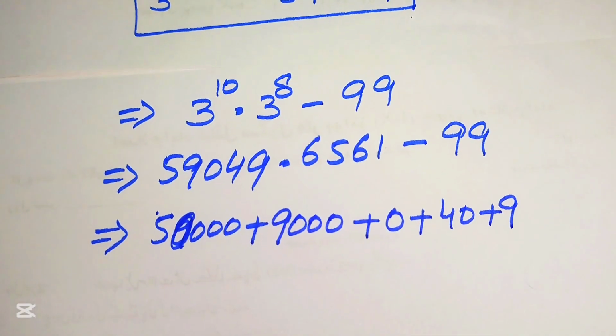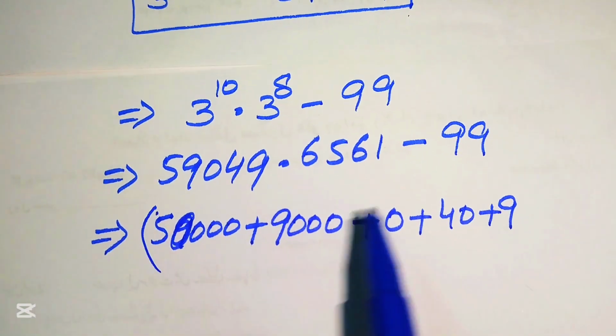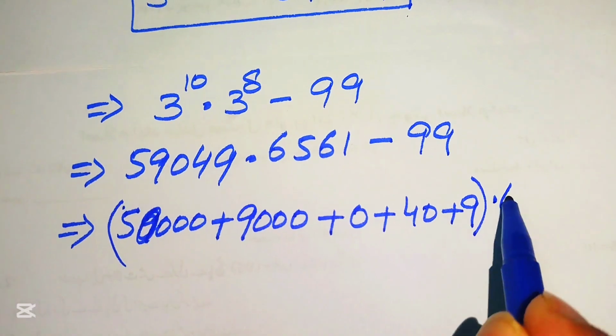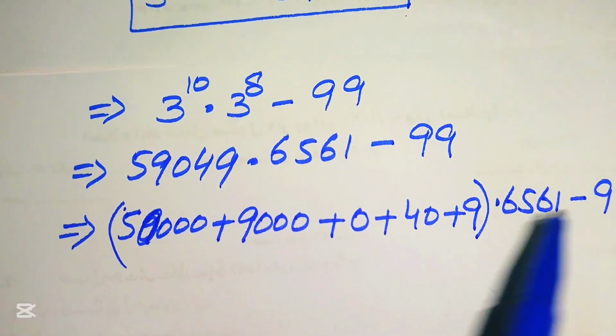Okay, we break this number here in this form, and now we need to multiply this number by 6561, and after that we can subtract it by 99.